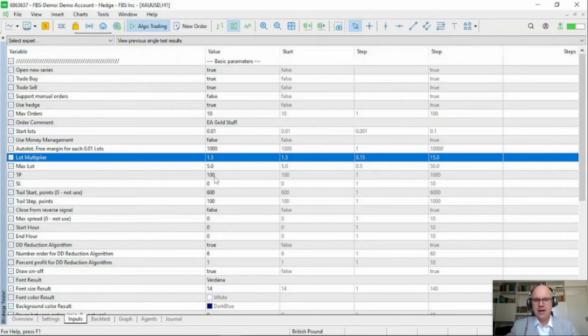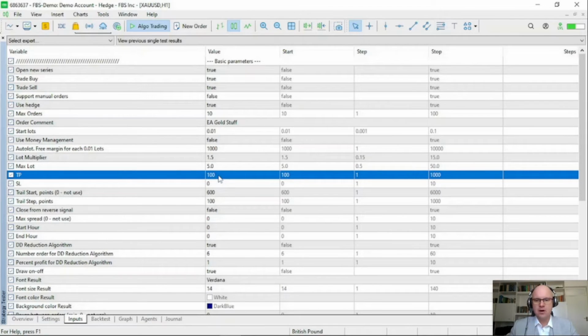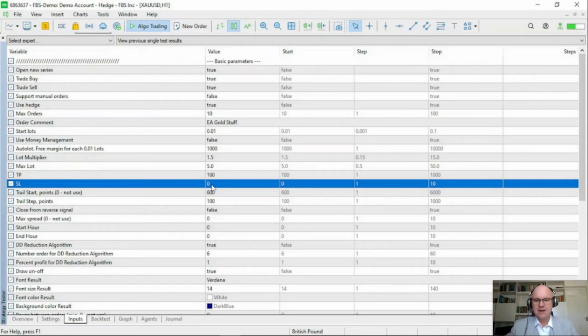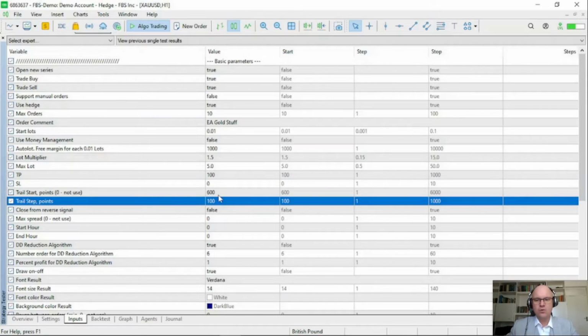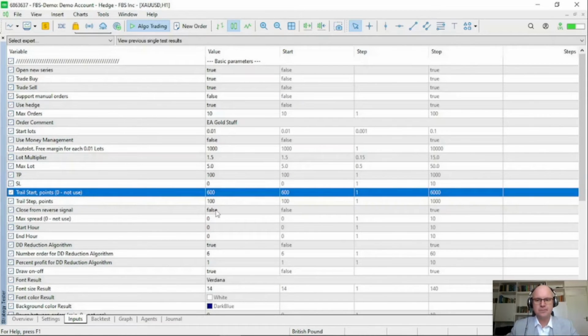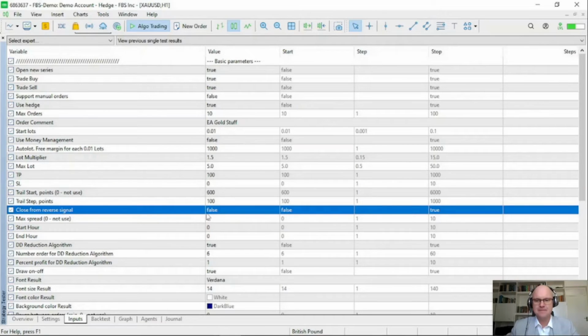Next, the lot multiplier is when the bot enters its grid function. We have our take profit and stop loss, which is self-explanatory. However, you will see that the stop loss is set at 0 for default. So I would recommend running an account or equity protector alongside the expert advisor.